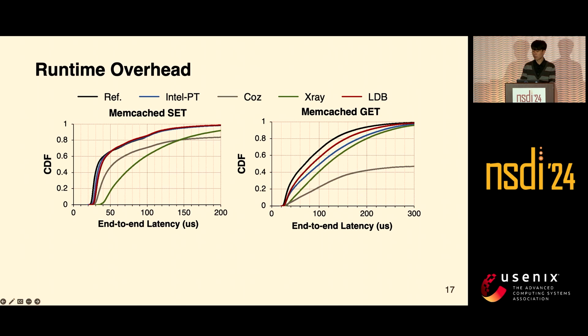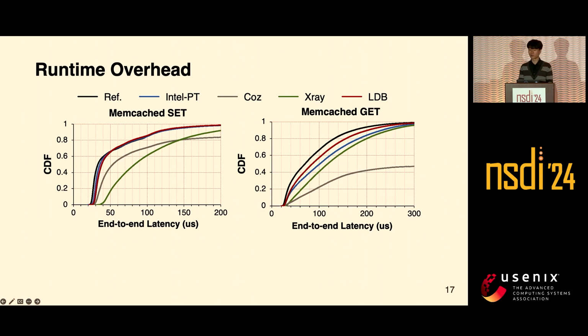To see how much runtime overhead LDB incurs for the real-world data center applications, we launched the memcached server with 8 workers and generated a load of 20% of the system's capacity. Here, for the 2 different workloads, memcached set and memcached get, we showed the end-to-end latency distribution when the different latency profilers are running.